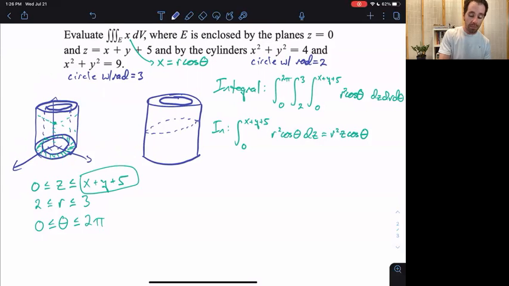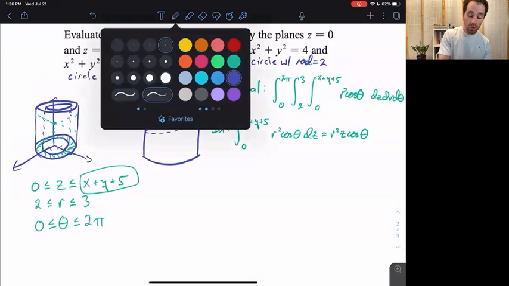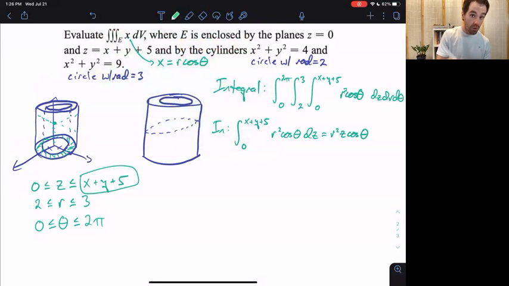But how can we make it happy? We can make it into a bound that does make sense for cylindrical. Well, z then would go from 0 up until r cosine theta plus r sine theta plus 5. See how the x and the y turned into their polar or cylindrical versions? There you go. So now we're nice and happy.